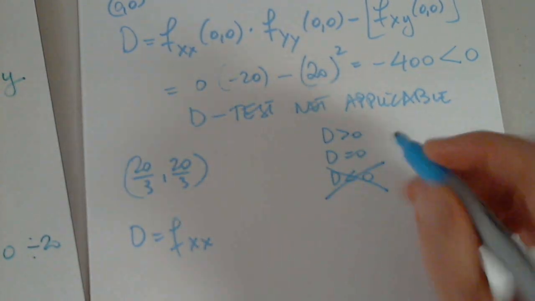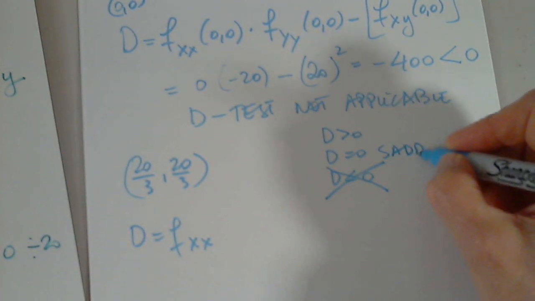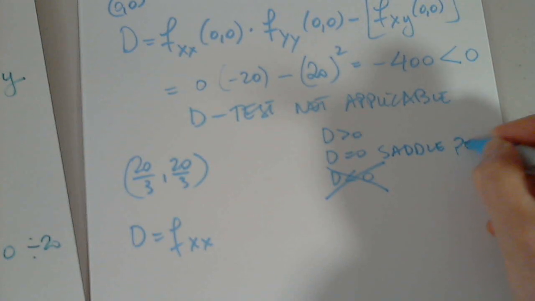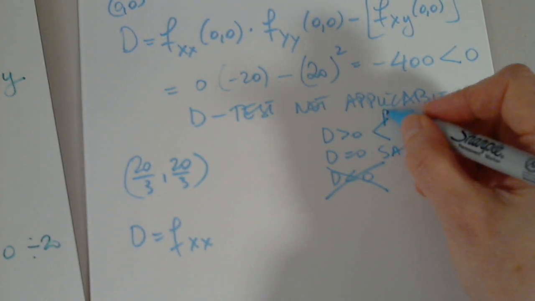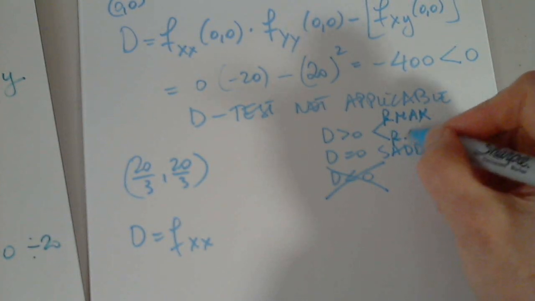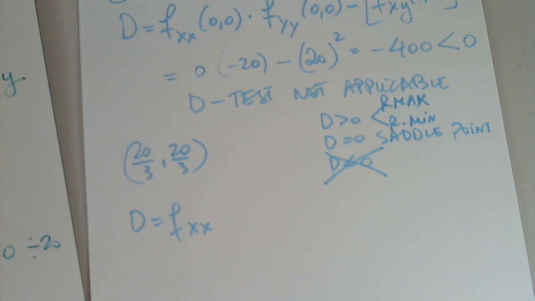The test is not applicable when D is negative. It doesn't say anything. We cannot apply it. This is a saddle point. And this one could be a max or a min. Of course, a relative max or a relative min. Only in this situation.